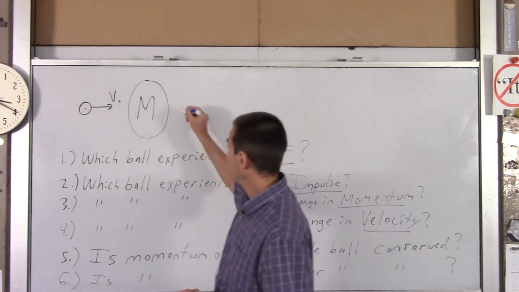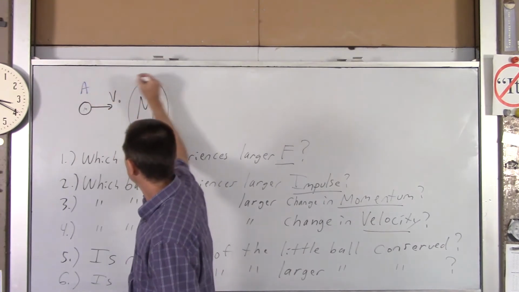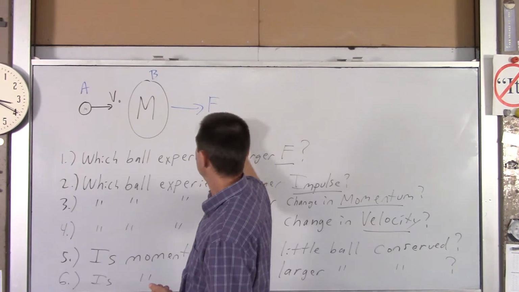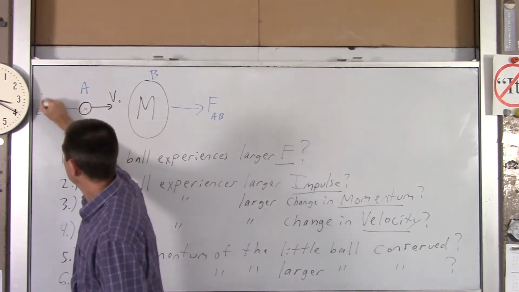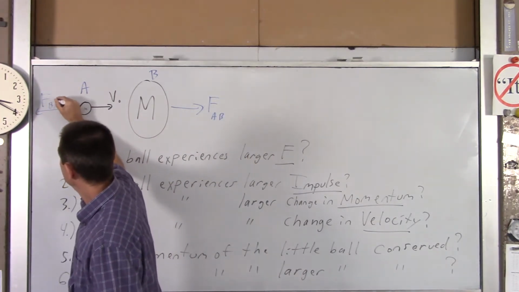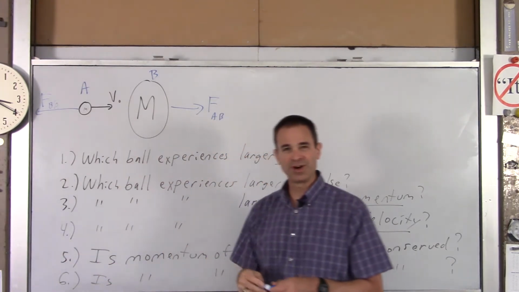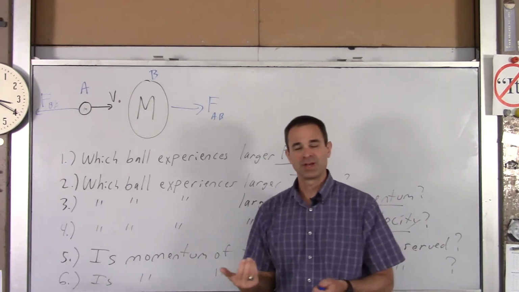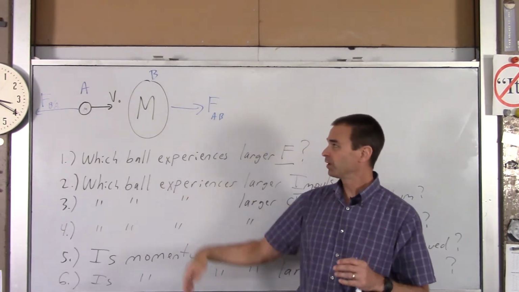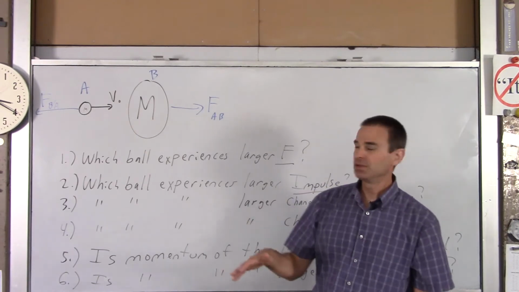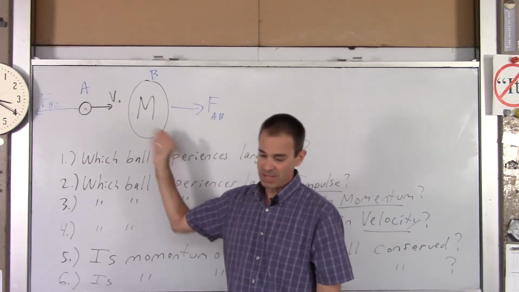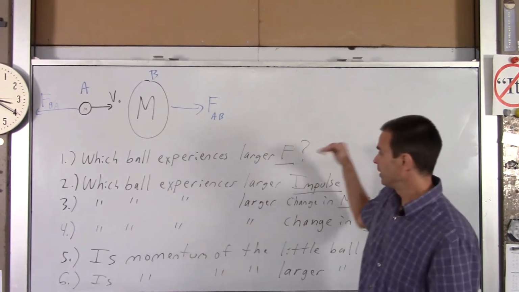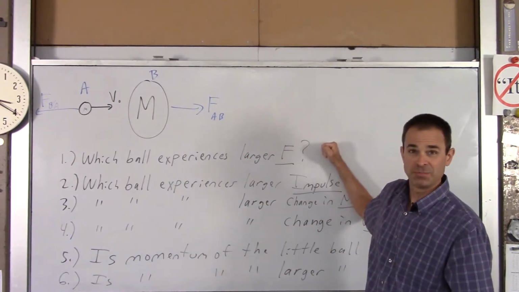We'll call this ball A, we'll call this ball B. The force of A on B has to equal the force of B on A. We know whose law that is, Newton's third law, and it's always true, okay? So it doesn't matter which ball's bigger, it doesn't matter what kind of collision it is, none of that matters. If A hits B, B hits A, same amount of force, opposite direction, okay? So for number one, the answer is they're the same. They feel the same force.